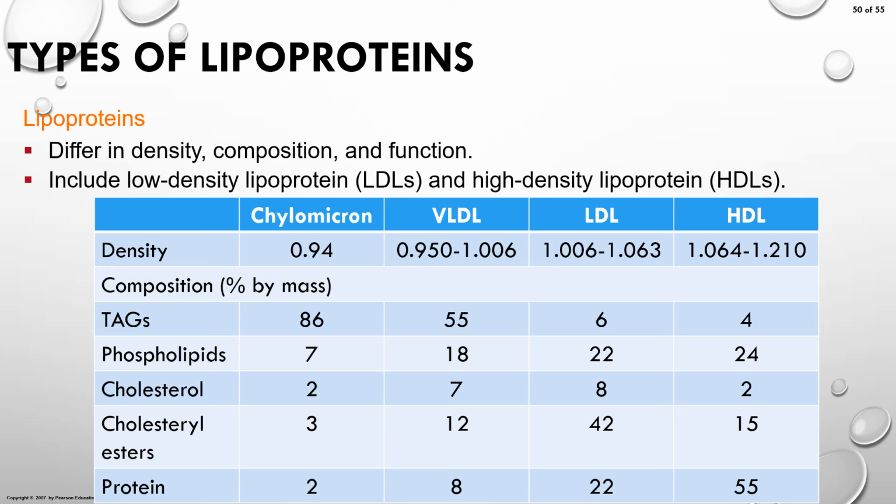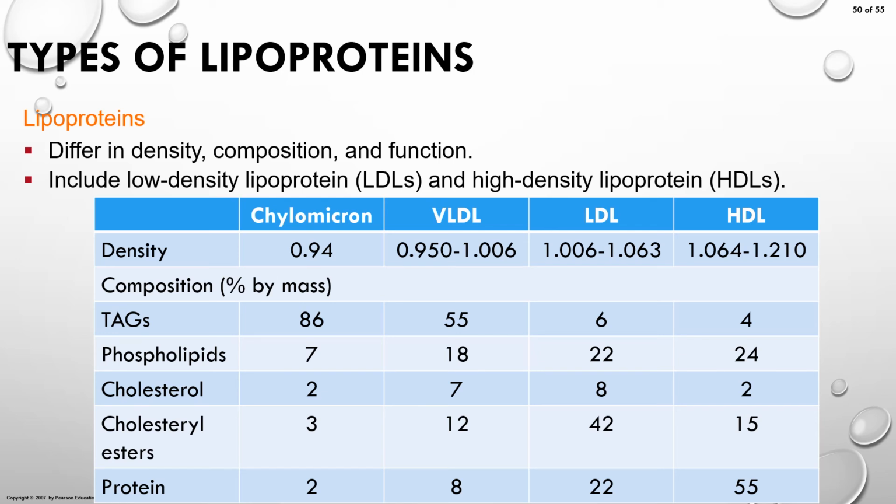And of course, sa LDL mas gamay and HDL pinakagamay. Now, for phospholipids, pinakagamay ang chylomicron, then going up to HDL, which has the highest level of phospholipid. Then cholesterol, cholesterol esters, and the proteins. So, sa chylomicron, there are only 2% of proteins. Mas gamay ang kylo kesa sa VLDL, and of course, ang HDL ang pinakataas o percentage of proteins.